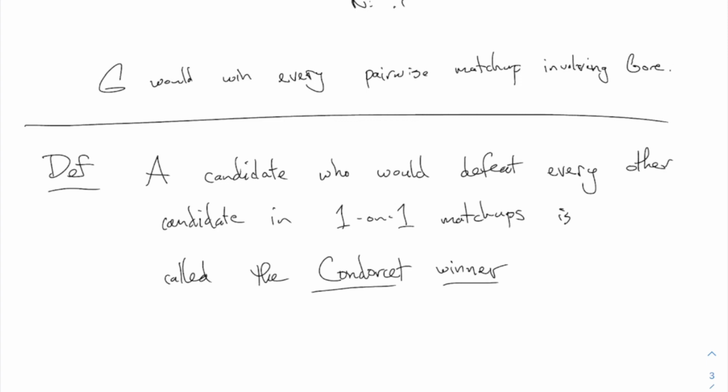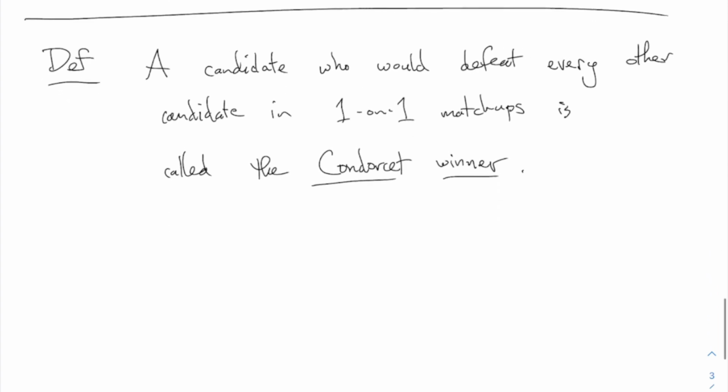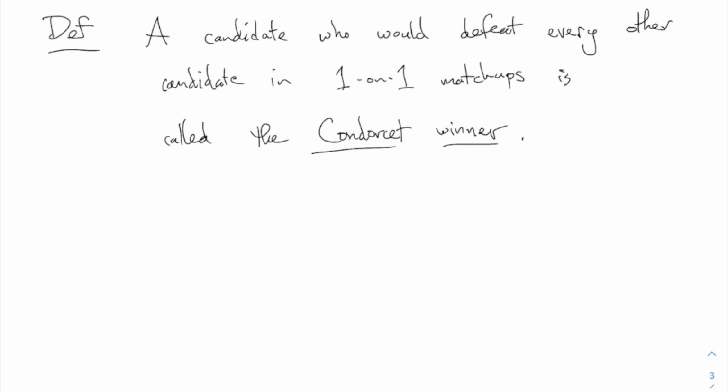We mentioned them last time. We talked about something called the Condorcet paradox. This is the kind of thing that Condorcet thought about back in the day, and in honor of the man Condorcet, we call this a Condorcet winner. If there is a candidate who would have won in any one-on-one matchup against anybody else, they are called a Condorcet winner. So in that election in the year 2000, Gore was the Condorcet winner.